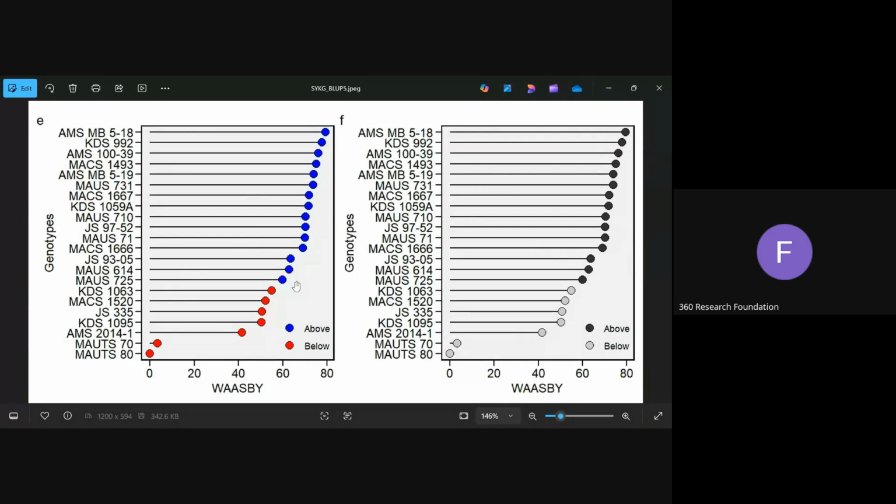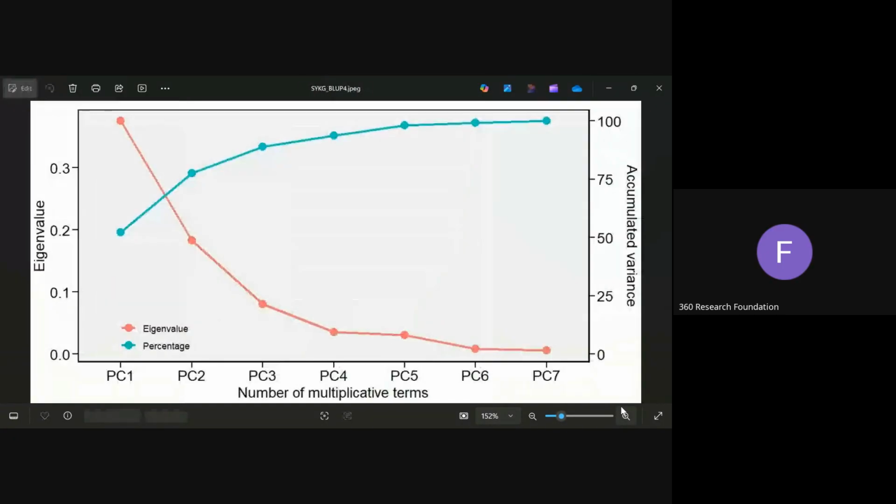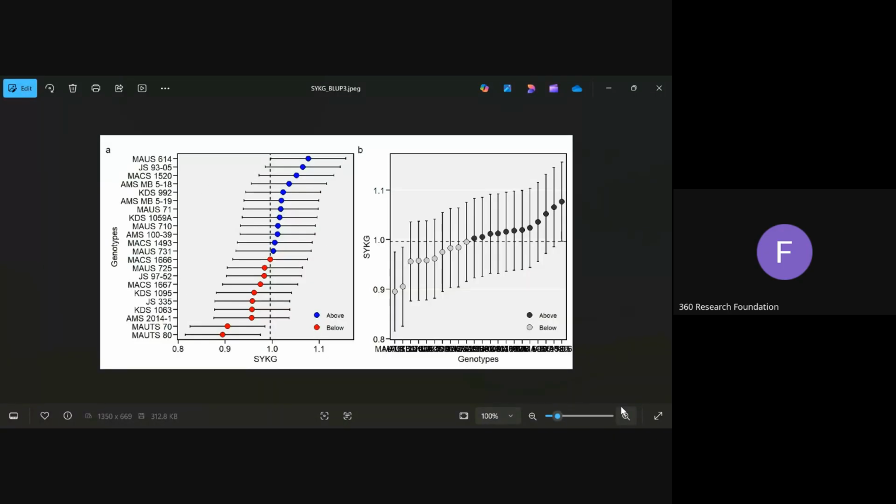So the length of the error bar, is it increasing or decreasing? It is maximum for the first genotype, so it is decreasing down according to the ranking. Right, sir. Yeah, and in our earlier case, it is almost the same.